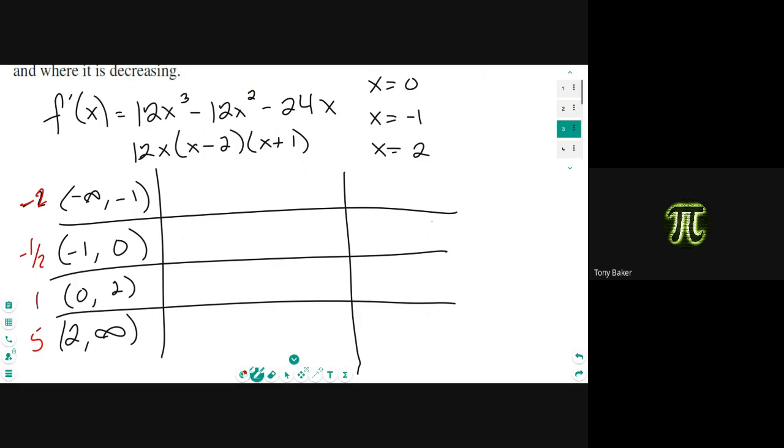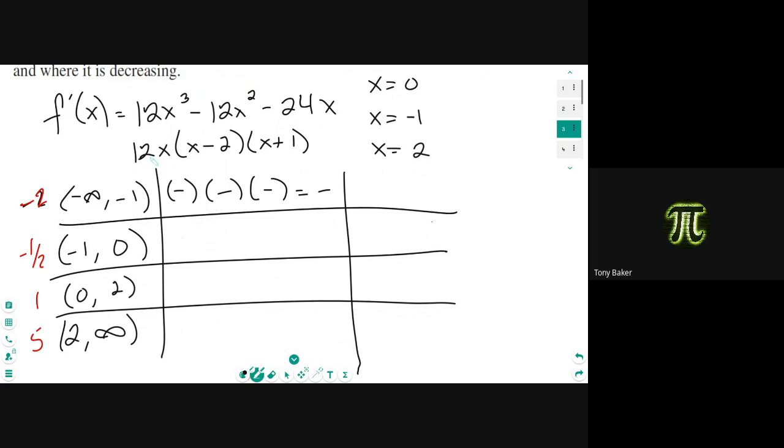Again, the numbers don't make a difference. So if I plug in -2, my first one is going to be negative, negative, negative. So that means this is going to be a positive or a negative at the end, right? Again, I don't care what the number is, so don't worry about plugging the numbers into a calculator to find the actual answer. All you care about is is it positive or negative.